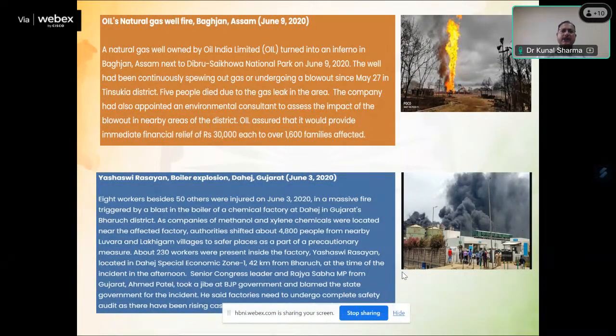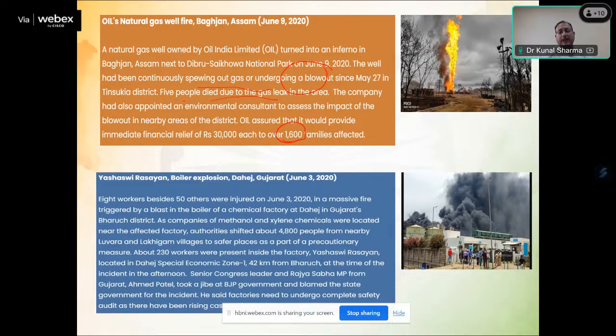Then I was on the Oil India natural gas well fire of Assam, where the well had been continuously spewing out gas and undergoing a blowout since May 27th in Tinsukia district. In this case, five people died due to the gas leak in the area. The company had also appointed an environmental consultant to assess the impact of the blowout. Oil India assured that it would provide immediate financial relief to over 1,600 families affected.